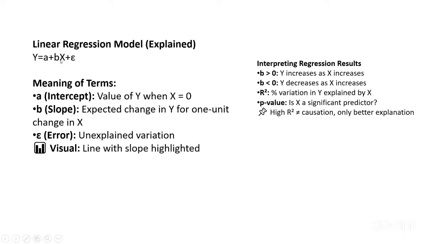If b is negative, then this part is negative, so if the x value increases, the y value will decrease. As the x value increases, the y value will decrease.